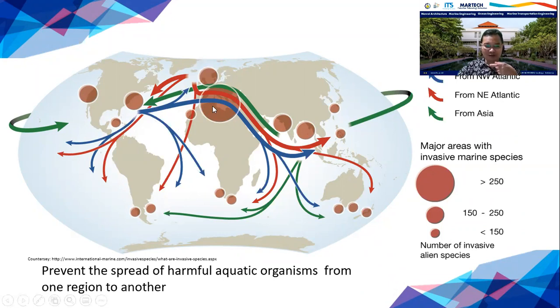This one is some area in Europe, right? And there is a small number of invasive alien species in some countries, like this one. So it is very important to prevent the spread of harmful aquatic organisms from one region to another.